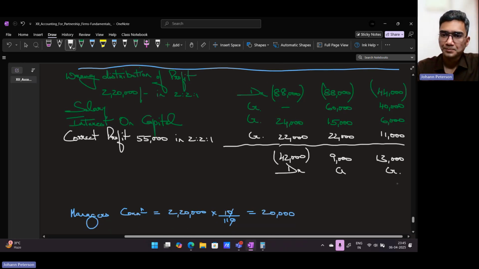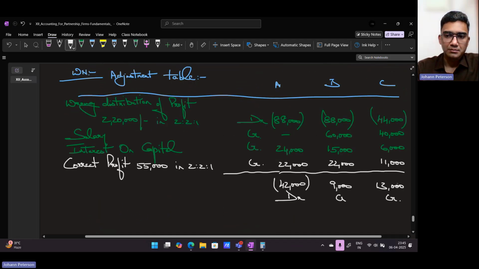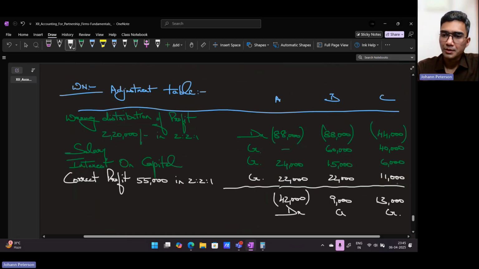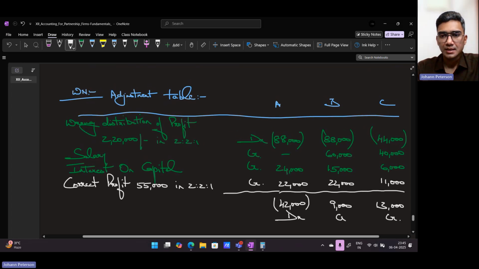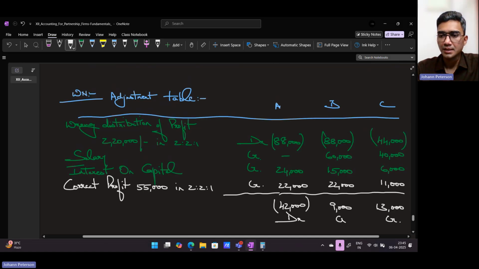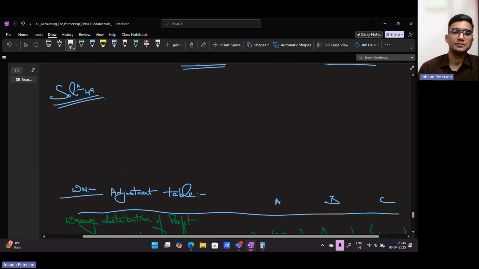Now, what is happening? You're saying this is not matching. So let's see what we will do now. We simply have to write it as it is. So we will write it as A's capital account debit, to B's and to C's, 42, 9, and 13. So let's write it.